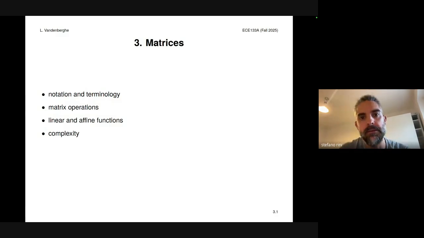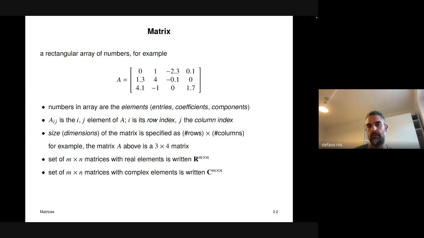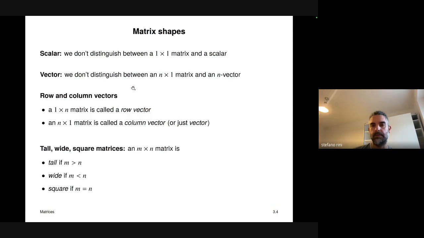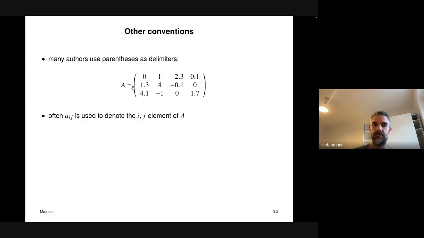So this is a matrix, right? It's just a two-dimensional vector. So we have rows and columns. Usually we indicate the row first and the columns later. Some people use curly brackets or square brackets. It's always the same.